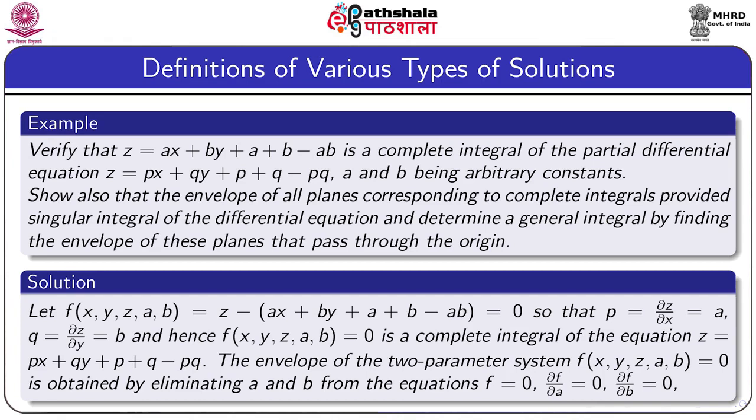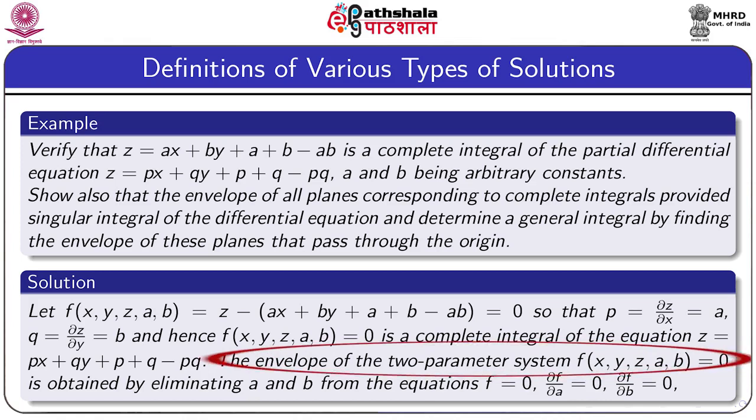That means we can obtain the complete integral by substituting p as a and q as b, and therefore the solution f(x, y, z, a, b) equals 0 is a complete integral of the equation z equals px plus qy plus p plus q minus pq.